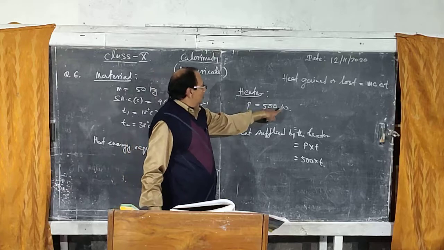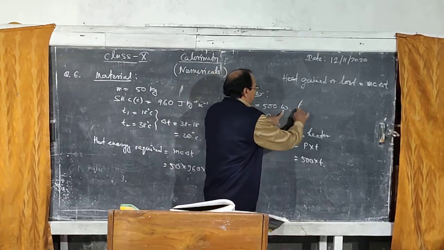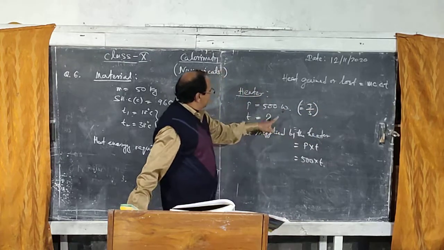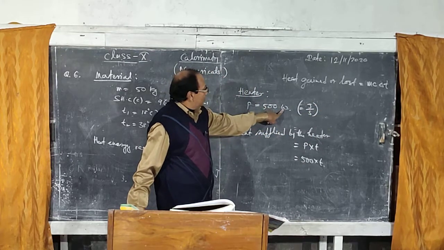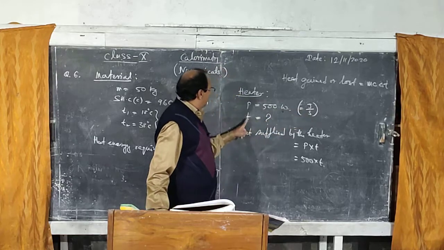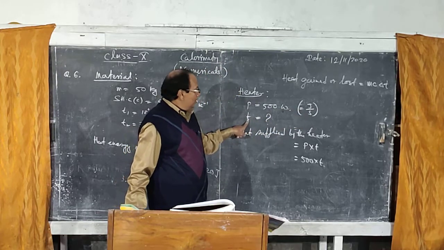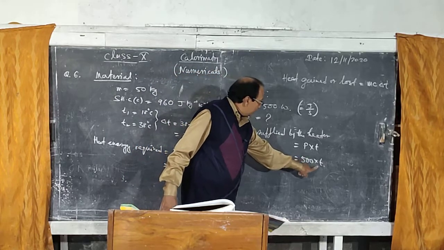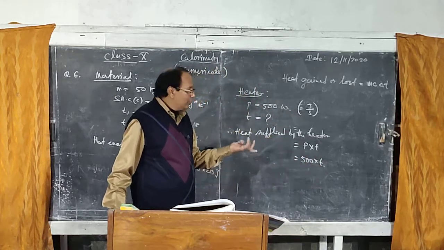Why? Because watt we can think of as joule per second. Since power is given in watt, meaning joule per second, you have to find time first in terms of seconds, then we can convert into minutes if you need to do.